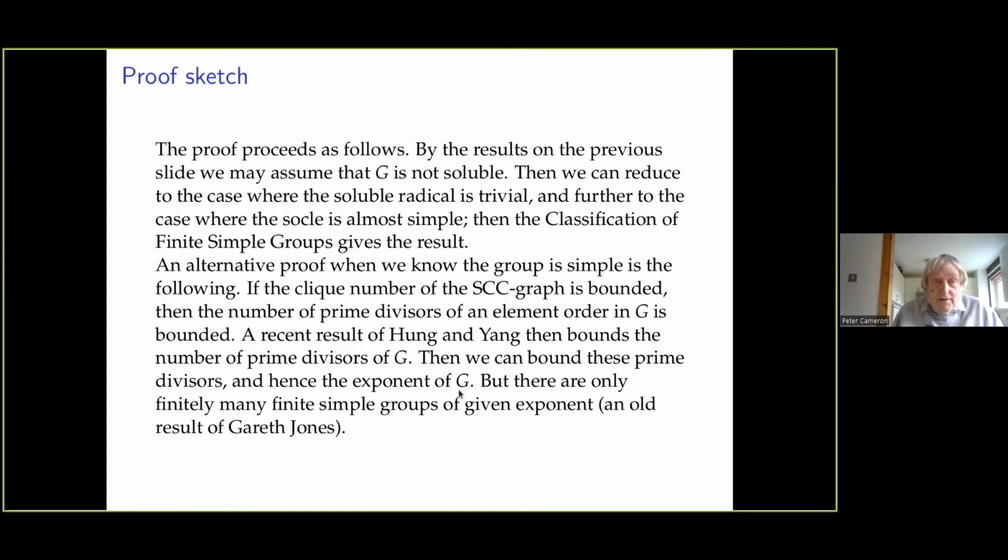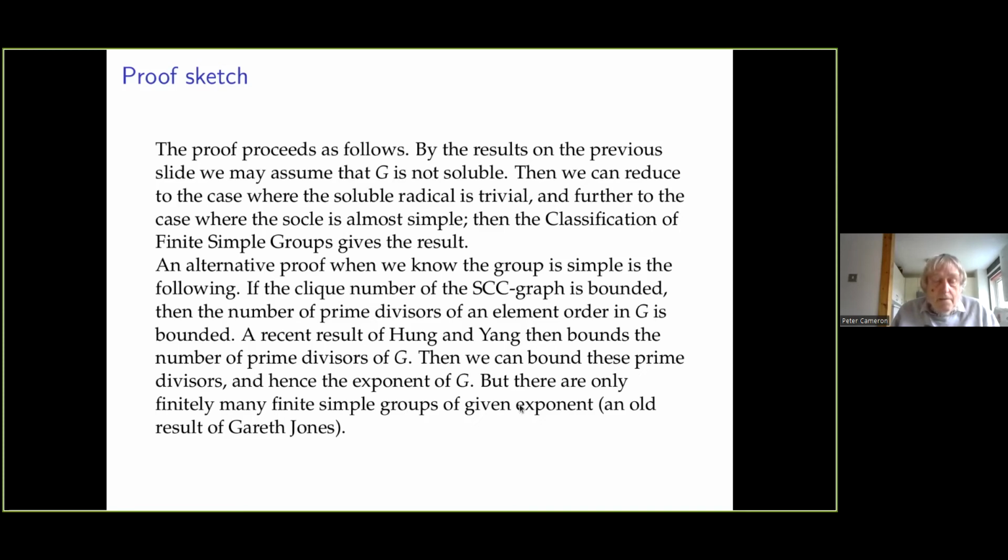And it's an old result that goes back to Gareth Jones in 1970 or so, that there are only finitely many finite simple groups with given exponent. Of course, 1970 is pre-classification. He proved it for the then known simple groups, and the ones discovered since then do not affect the truth of this result.